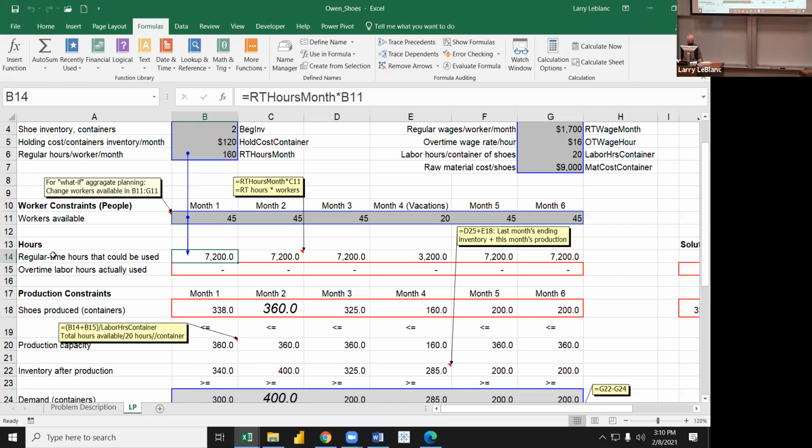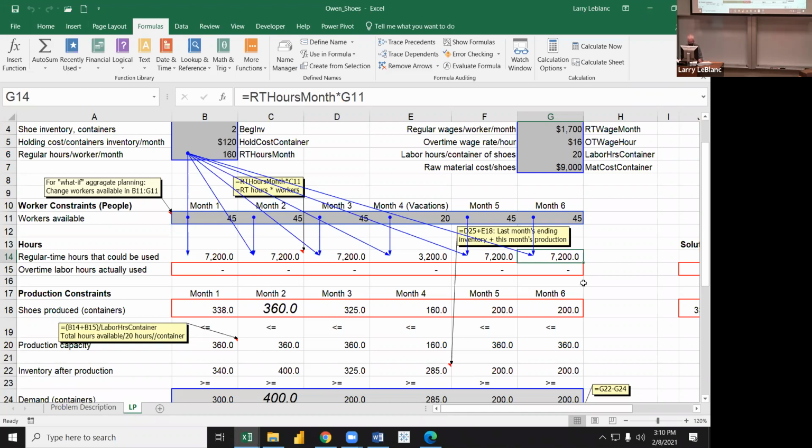The calculated regular time hours that could be used: 7,200, 7,200, 7,200, only 3,200 in month 4 because of the planned vacations. So we calculate the number of regular time hours we have.